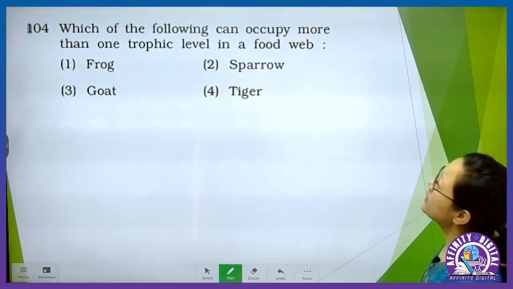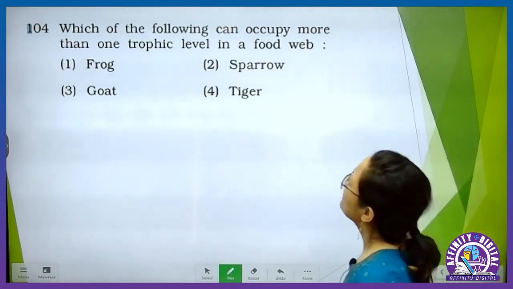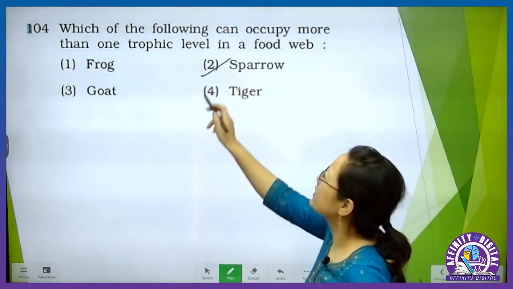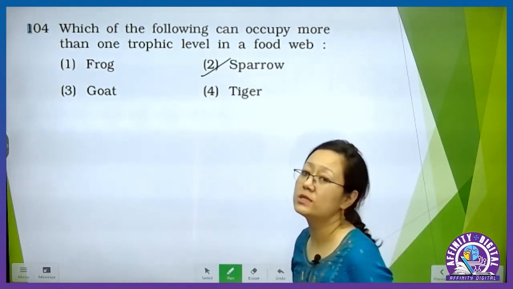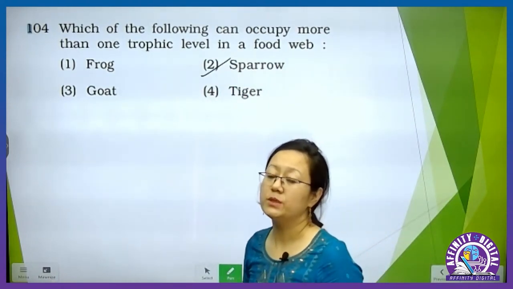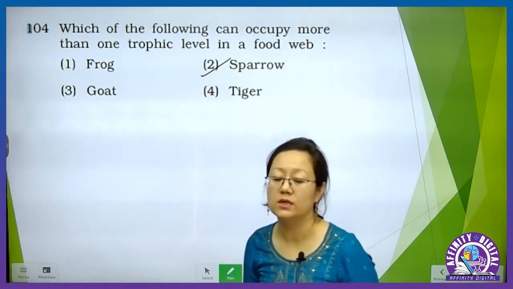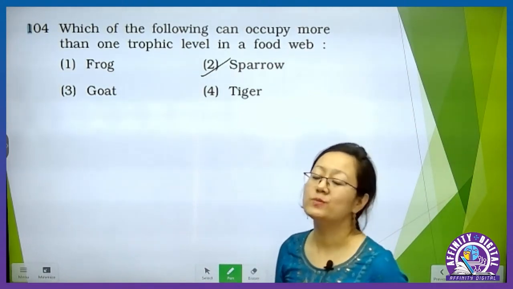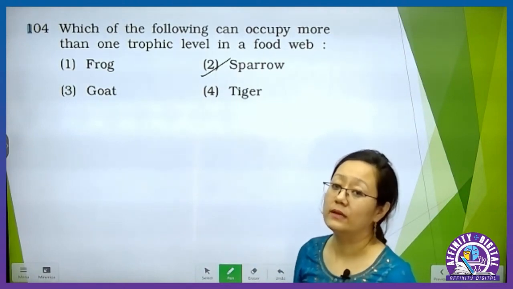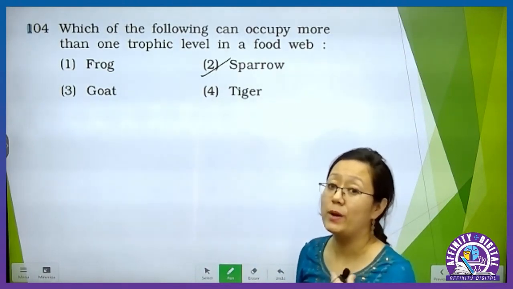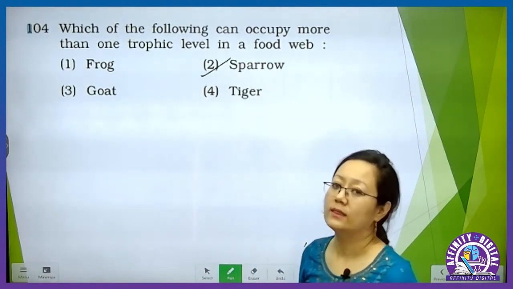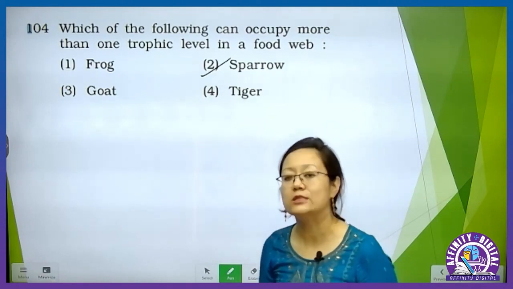Which one of the following can occupy more than one trophic level in a food web? This is very simple. Sparrow. If sparrow consumes the vegetable component like seed or fruit, then it will come under primary consumer.